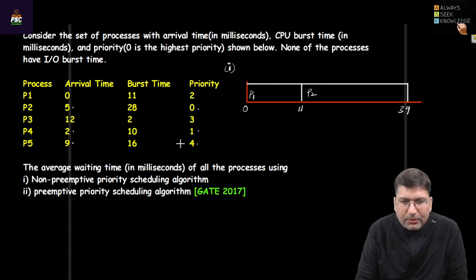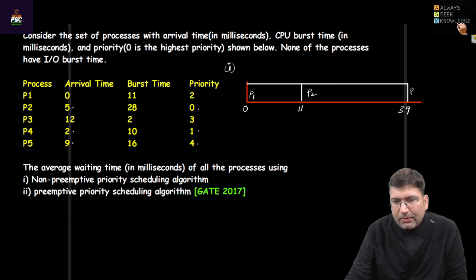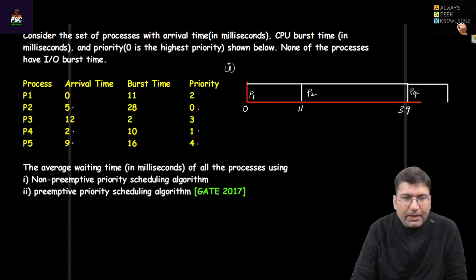Out of P3, P4 and P5, P4 has the highest priority. P4 will be scheduled, right? P4 has priority 1. P4 will consume 10 cycles, so P4 will be scheduled from 39 till, let's say, 49.